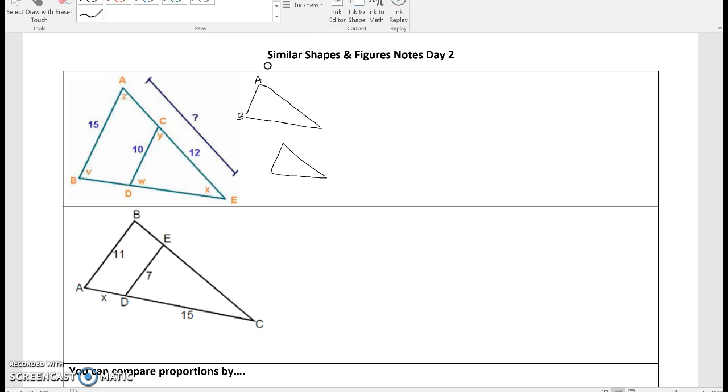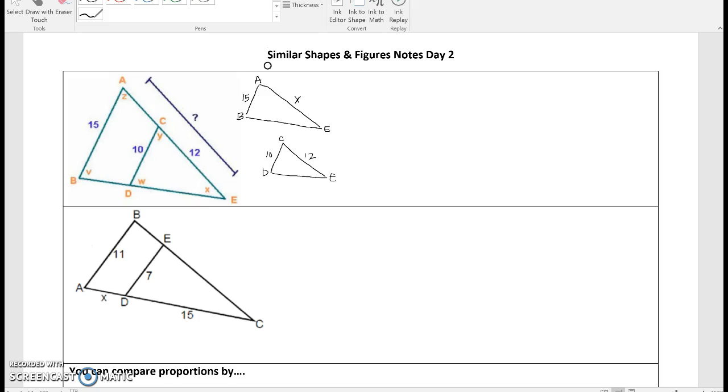A, B, E. So the big triangle, I have AB is 15. And then it says AE, I don't know what that is, so I'm going to put X. Then our little triangle is CDE. And it says that CD is 10 and CE is 12.